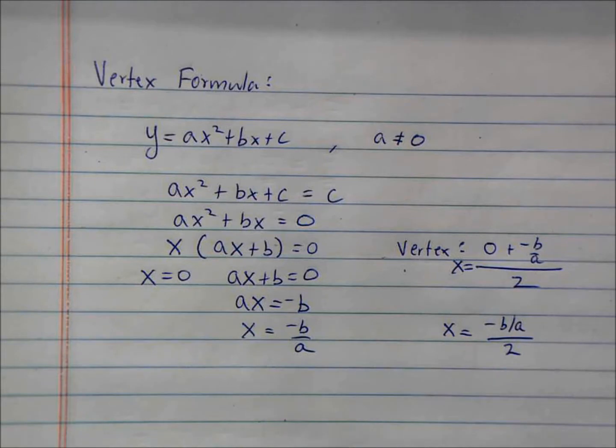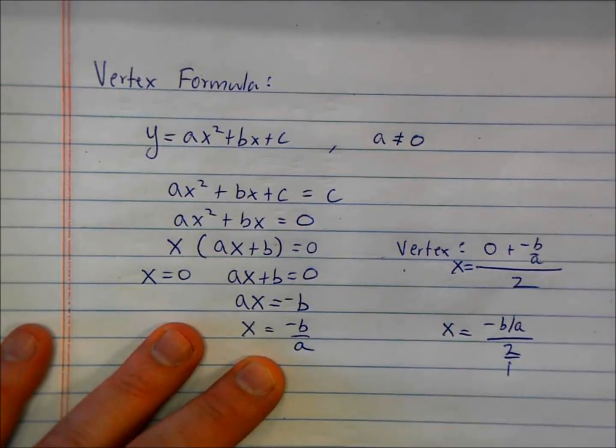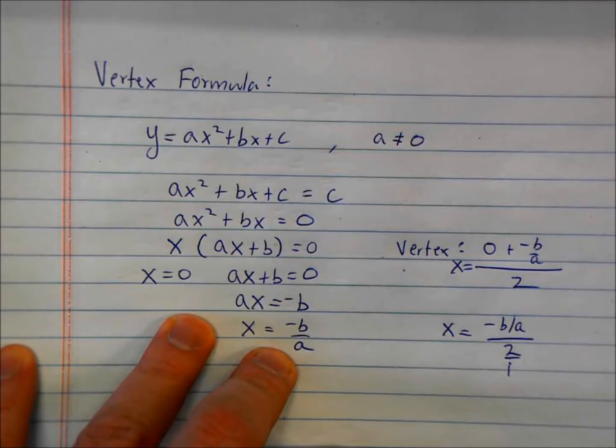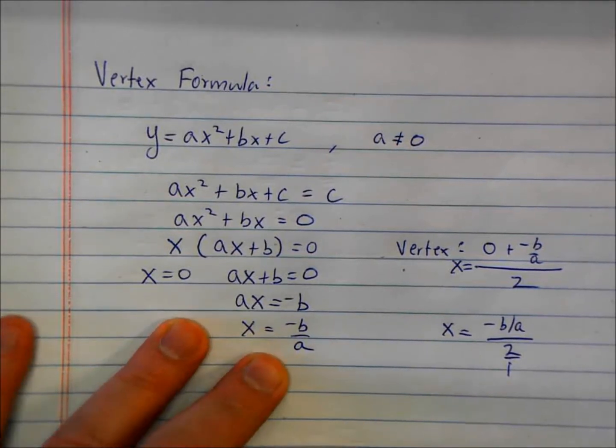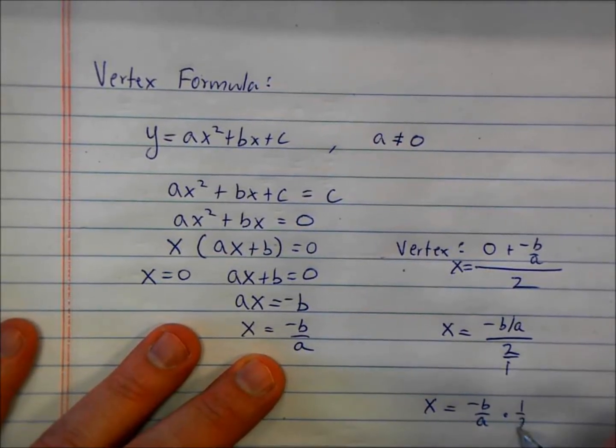How do you take a fraction and divide it by a regular old number? You think of 2 as being 2 over 1, as a fraction. Then how do you divide 2 fractions? Multiply by the reciprocal. So we have x equals negative b over a times 1 over 2.